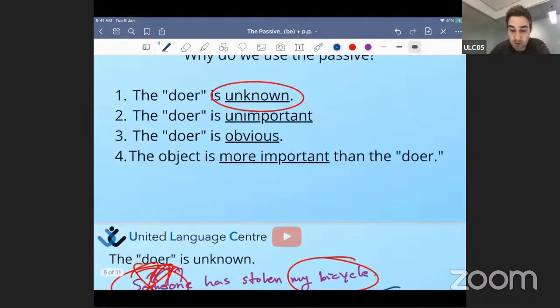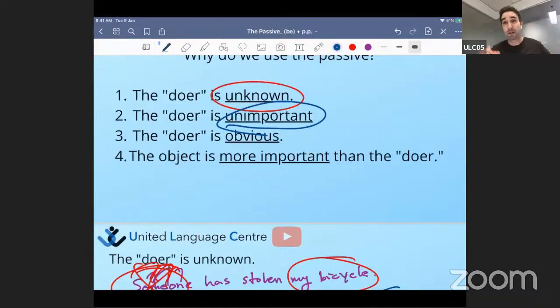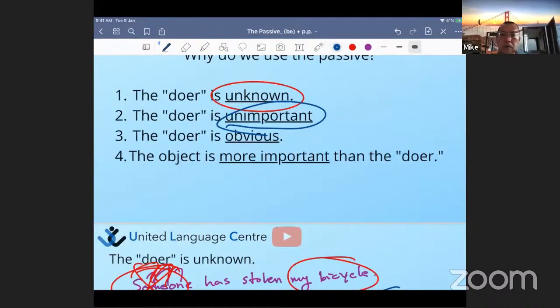So the next one is the doer is not important. We talk about this in terms of something that happens every day, or something where it's not so important to know who does it, but it's important to know what is done.